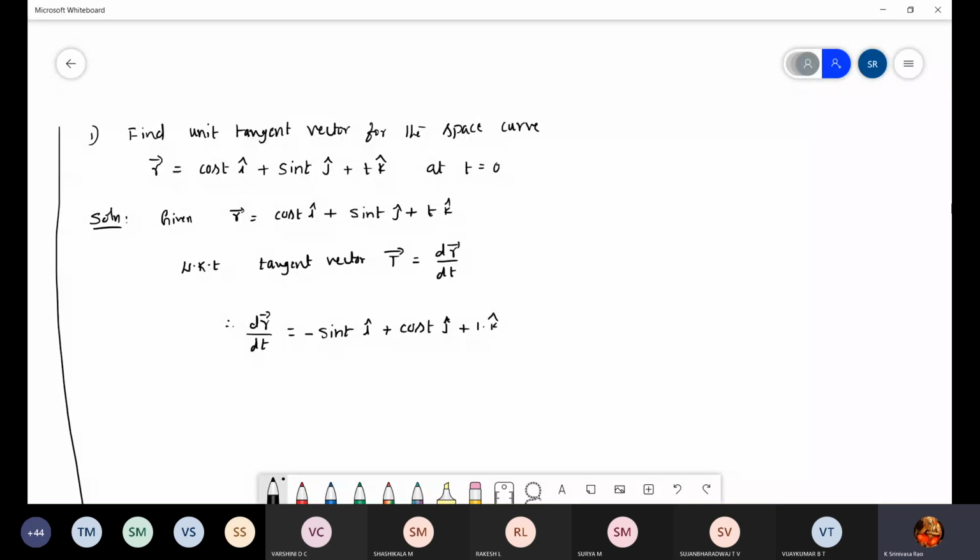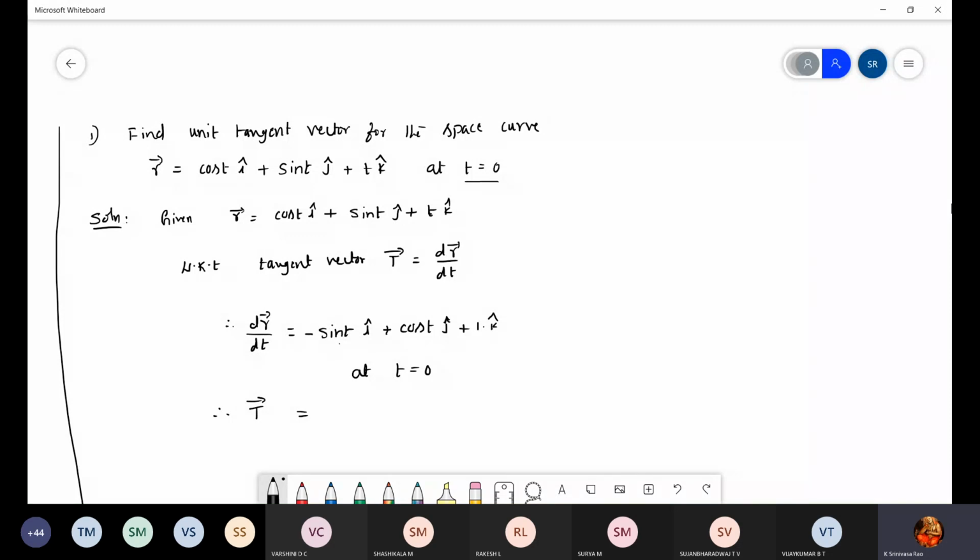Now they have given one point, at t equal to 0. So I can replace dr by dt as T. Therefore T stands for tangent vector. When t equals 0, this term vanishes, sin 0.